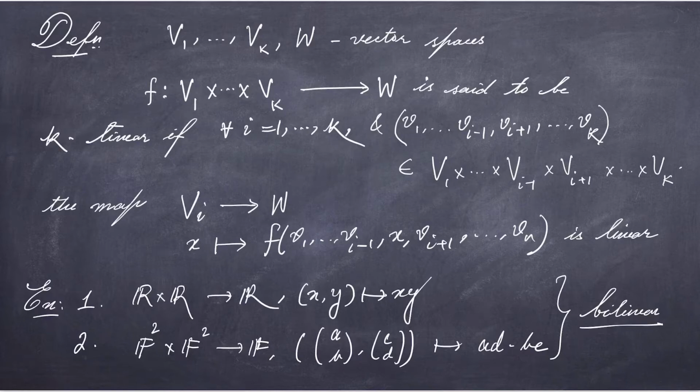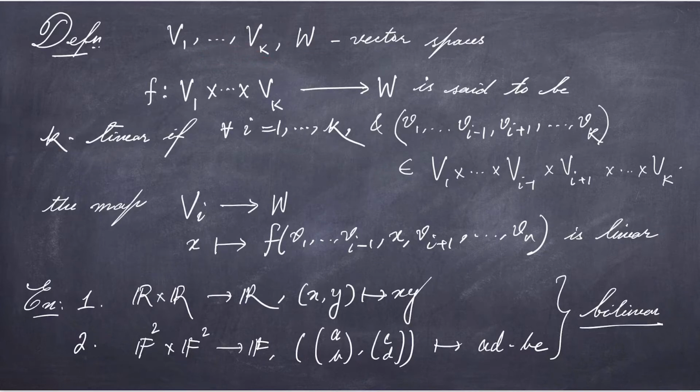Earlier we have seen linear maps. K-linear maps you can regard as an extension of that notion. Given a function from the Cartesian product of V1, V2, ..., Vk to W, one can regard this as a function with k vector variables.